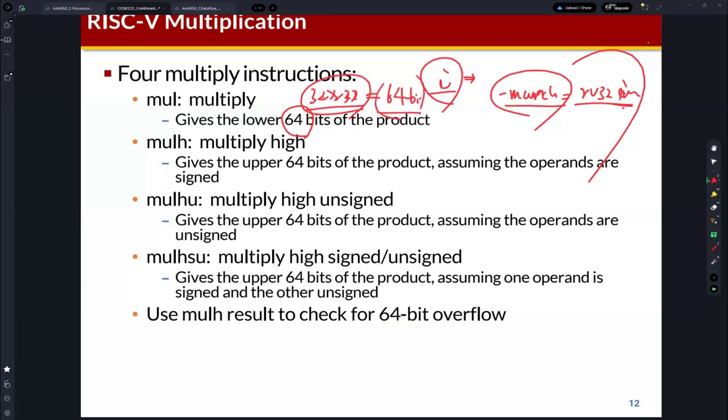It's the same for decimal multiplication. A 2-digit number multiplied by a 2-digit number will generate a 4-digit number. So if we perform multiplication, the number of bits can increase. So mul gives the lower 32 bits.